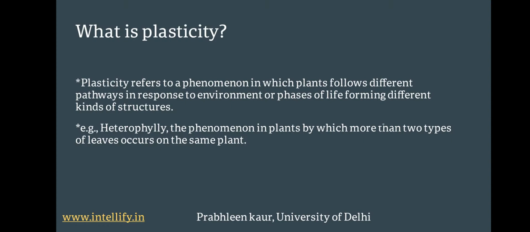So you might have generally in your lower classes done this activity of recognizing a plant by looking at its leaves. When you talk about plasticity, we always refer to something that is not very definite. So plasticity herein, as an example of heterophylly, says that one single plant is going to have leaves of two different types.